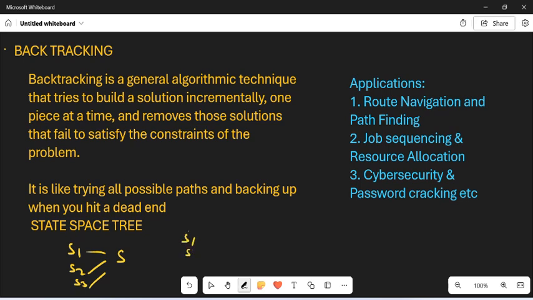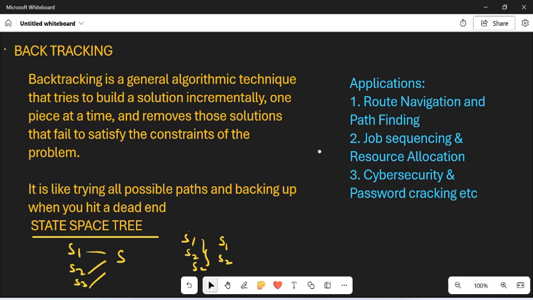If the constraint is satisfied, then we may get one, two or more solutions. Therefore, this is the difference between dynamic programming and backtracking. And we can clearly understand backtracking by using a state space tree. We will depict all the possibilities and understand the backtracking strategy by using a state space tree.